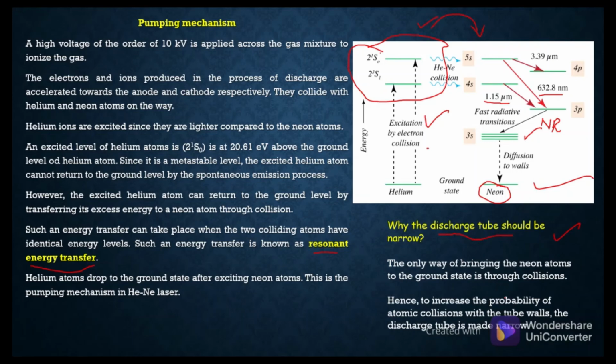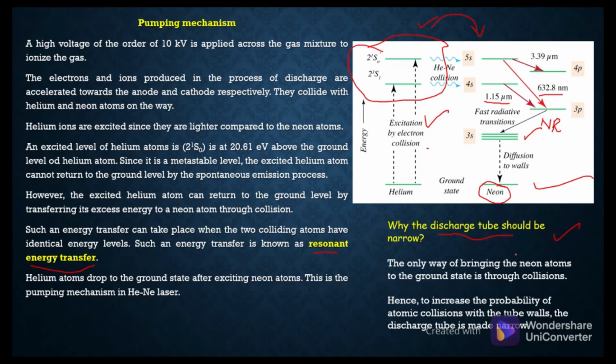The reason is the only way of bringing neon atoms to ground level is by the process of collision. So to make more collisions with the walls, it is much easier if the diameter of the tube is smaller. Only then can more collisions happen. Otherwise, when the diameter is larger, the probability of atomic collision with the tube walls will be lesser.